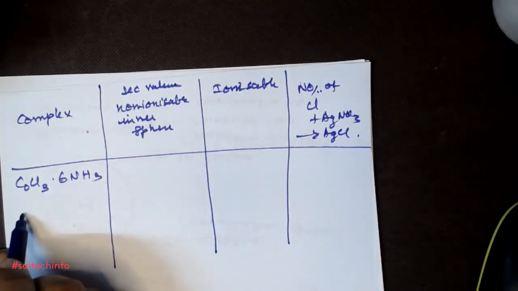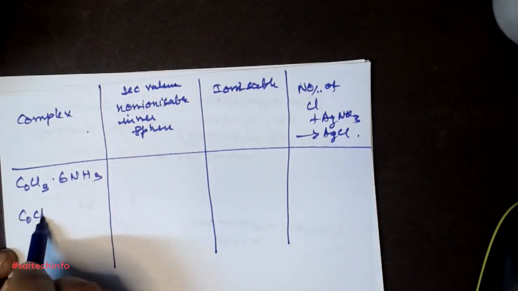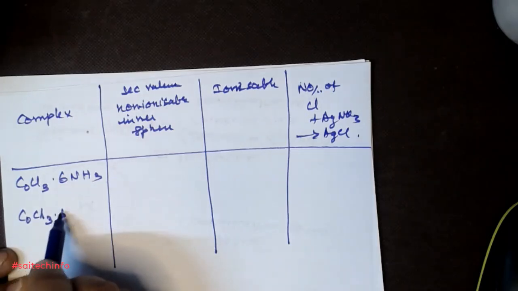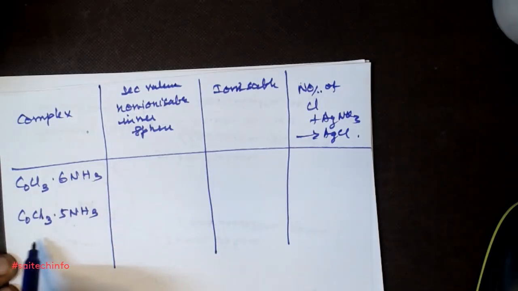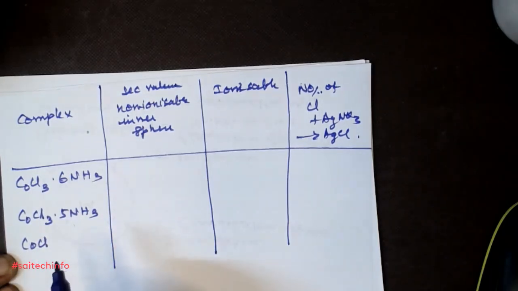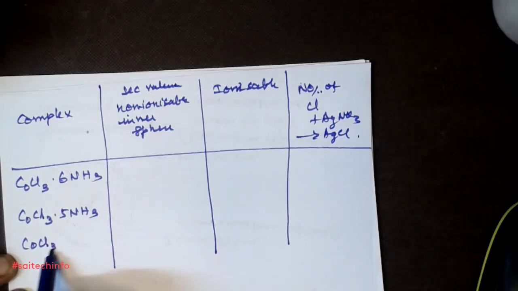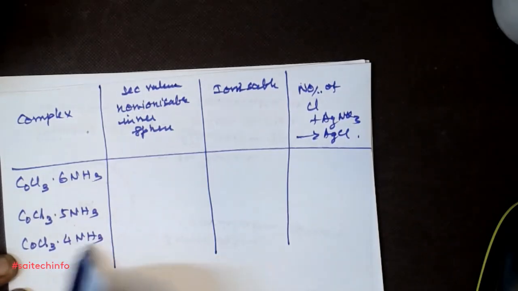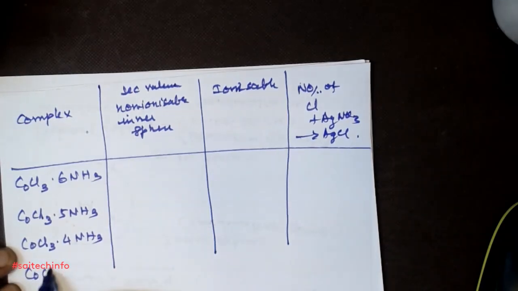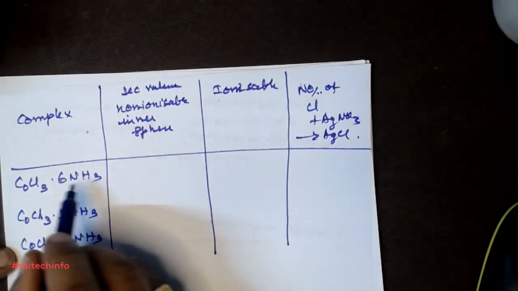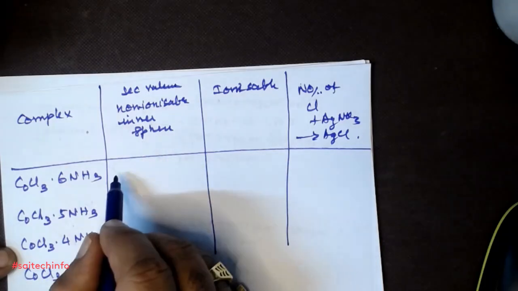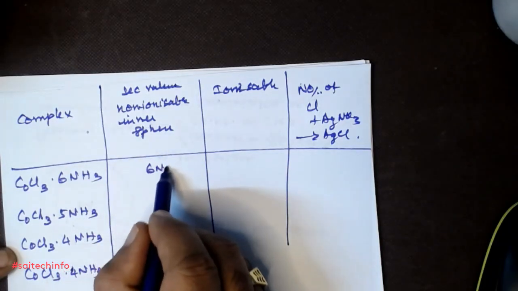And there is another type, CoCl3 with 5NH3, and another one, CoCl3 with 4NH3. Now here, in the non-ionizable valency, 6NH3 is there.